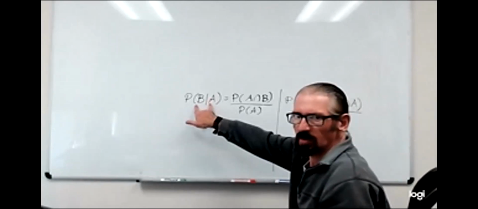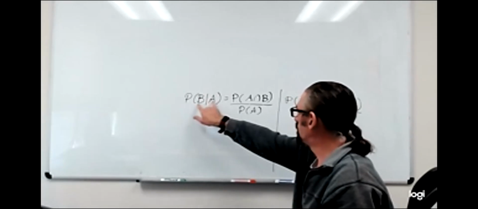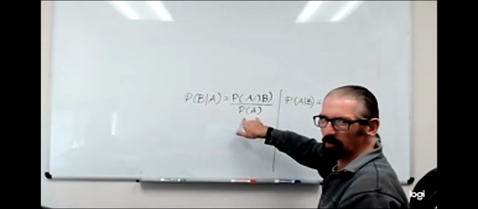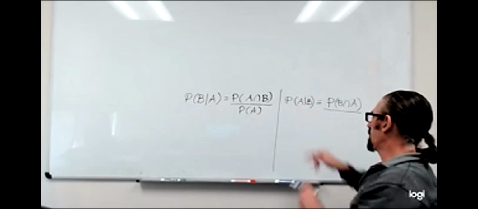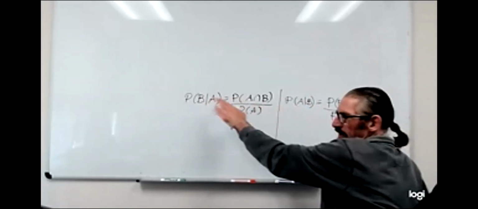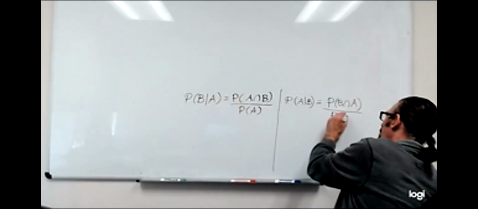Again, this is not a fraction, this is B given A, but notice that we see the A in the bottom here, probability of A. Same thing here. Swapping the A's and B's over here, we would get this formula.